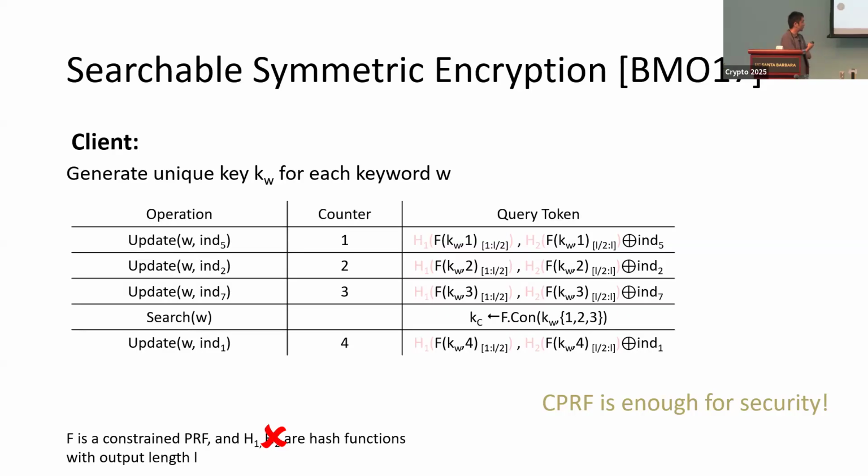And during search, the simulator needs to generate a constrained key that is consistent with all these tokens. They can only do so by viewing H1 and H2 as random oracles that you can program. However, for our definitions, we just have this guarantee. So the use of hash functions is unnecessary.